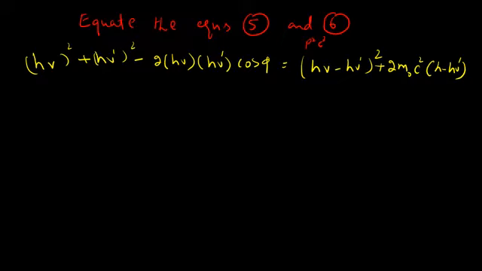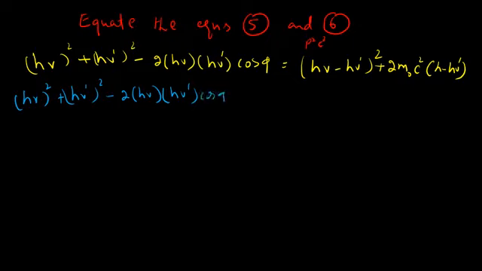So here again we can simplify these equations. First we write this one, h mu square plus h mu prime square minus 2 h mu into h mu prime cos of phi.